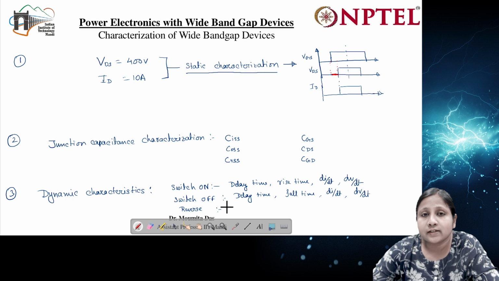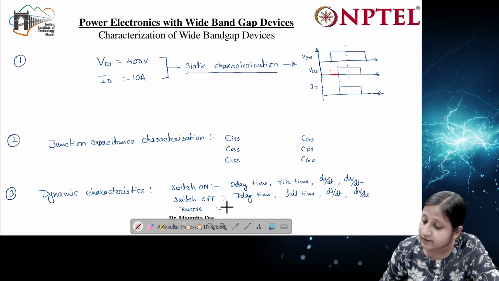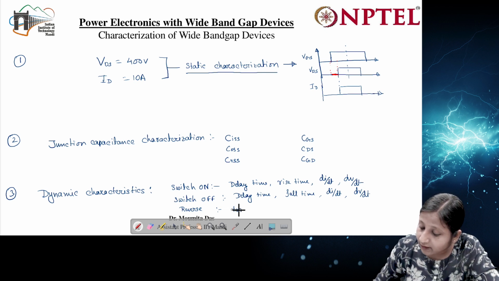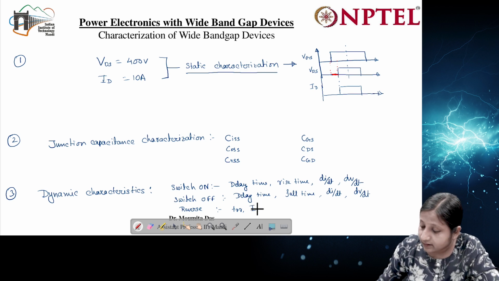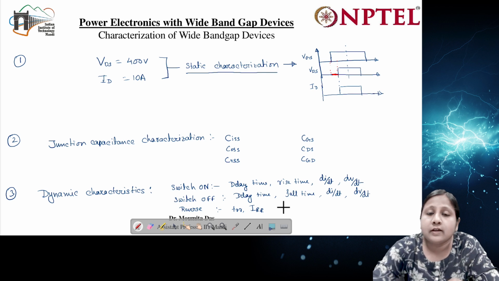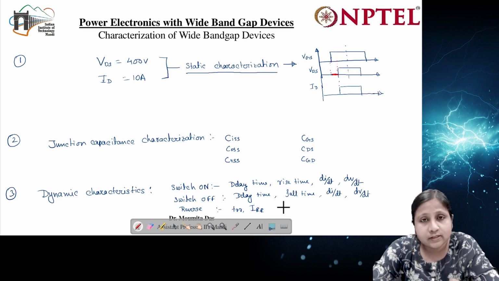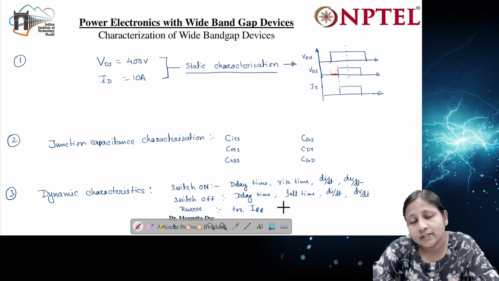What are the reverse parameters? Basically reverse recovery time, reverse recovery current, and the reverse recovery charge. Those we can also get from the dynamic characteristics.